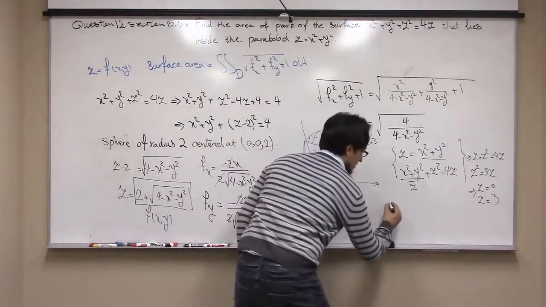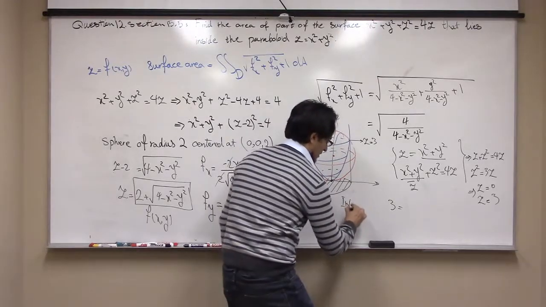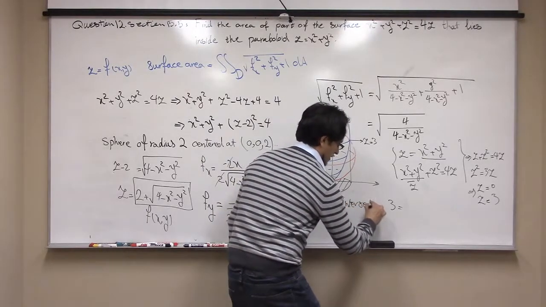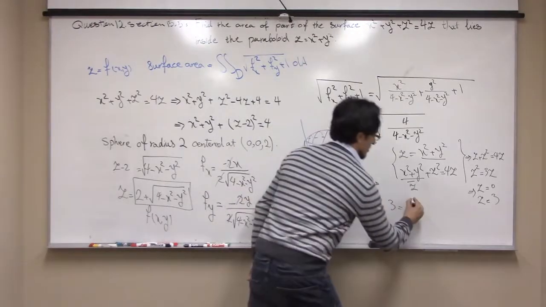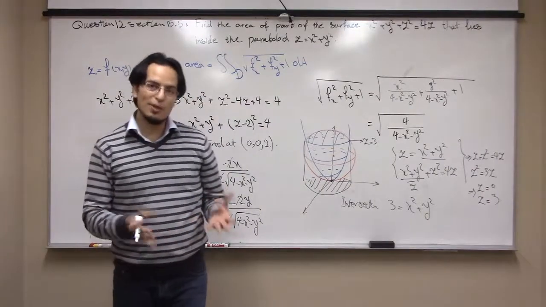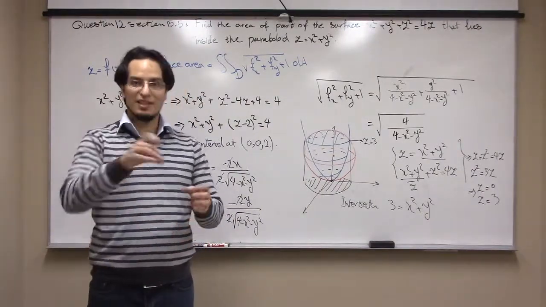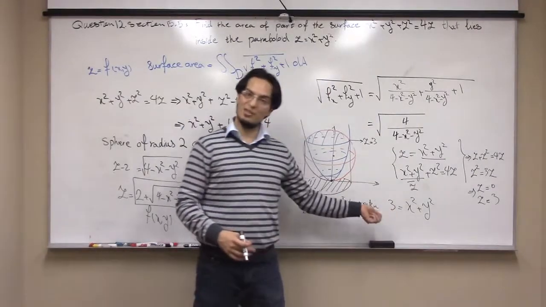So basically the region is going to be, so the intersection is z is 3, x squared plus y squared equals 3. It is the equation for a circle centered at the origin with radius equal to root 3.